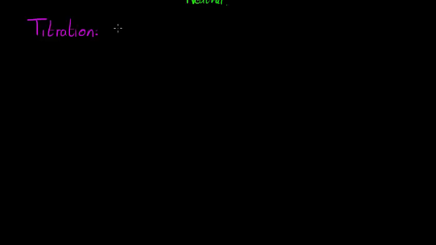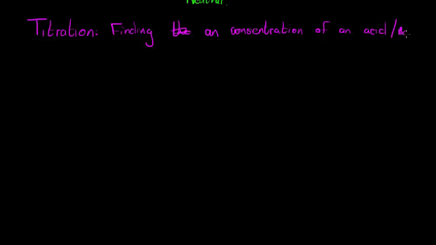What a titration is, is finding an unknown concentration of an acid or a base using a known concentration of, and then just the opposite, a base or an acid.